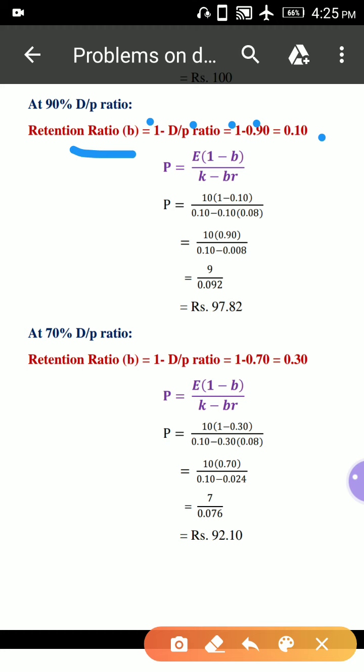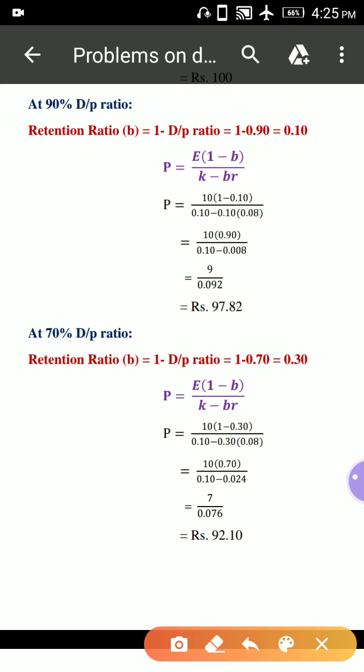Now P is equal to E into (1 minus b) divided by (K minus b into r). Here the E value is 10, 1 minus b means 0.90, divided by K 0.10 minus b 0.10 into r 0.08.